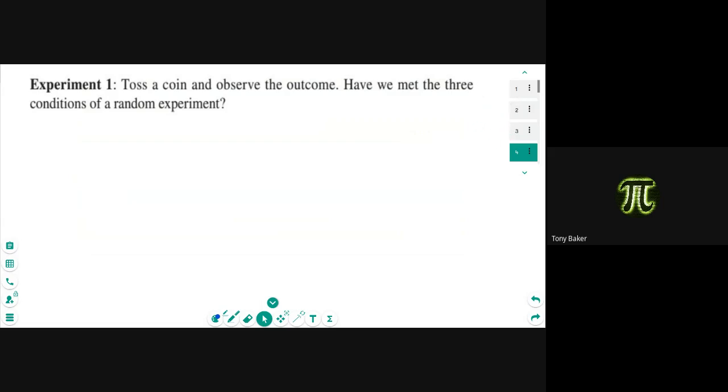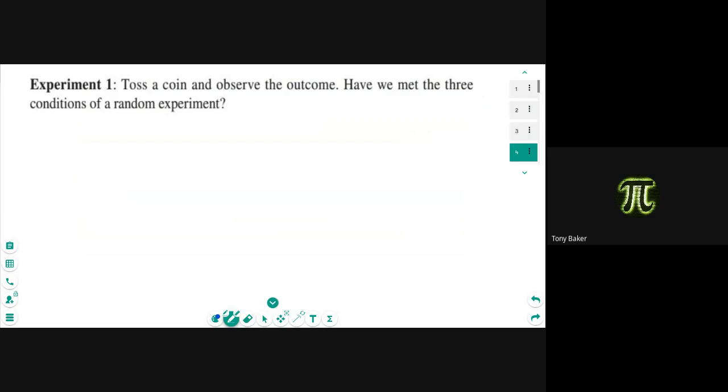So let's look at a couple experiments. Tossing a coin. So what are the 3 criteria of my random experiment that we just talked about? Right. So if I toss a coin, do I have one distinct outcome? Yes. Good. If I toss a coin, do I know what it's going to come up next? No. So it passes that.